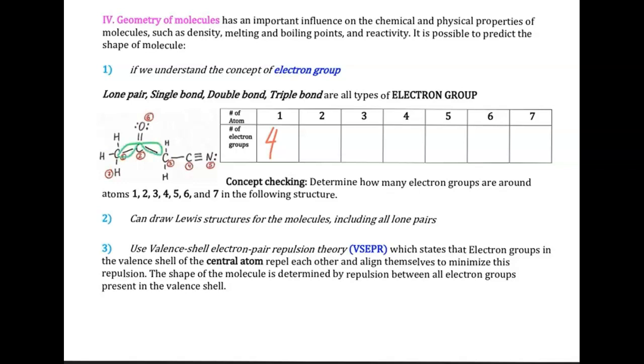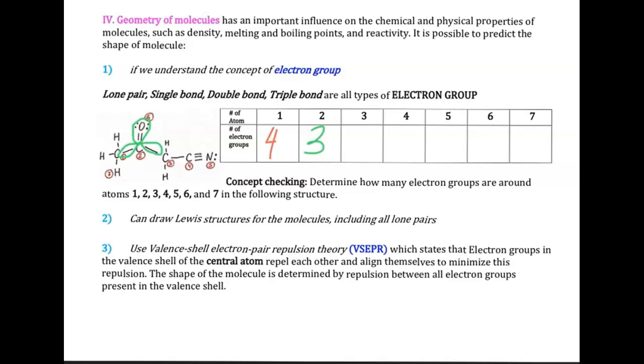So carbon 2, we have 1, 2, and 3. It has 4 bonding pairs of electrons, right? So 2 of them are together in a double bond, so we are considering these like one.